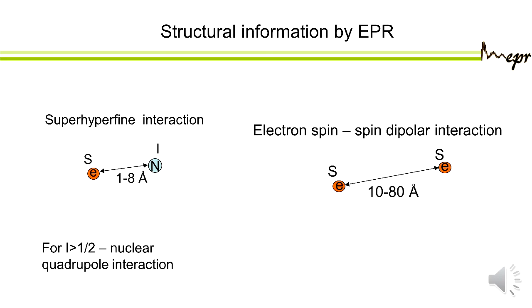So as you will see, Pulse ENDOR is a part that I particularly like, so this will be relatively detailed and relatively long with examples. As you've seen a couple of times, we get structural information in EPR either by observing the hyperfine interaction, then we get short range interaction, or by electron spin-spin dipolar interaction, and this is what we saw yesterday with DEER.